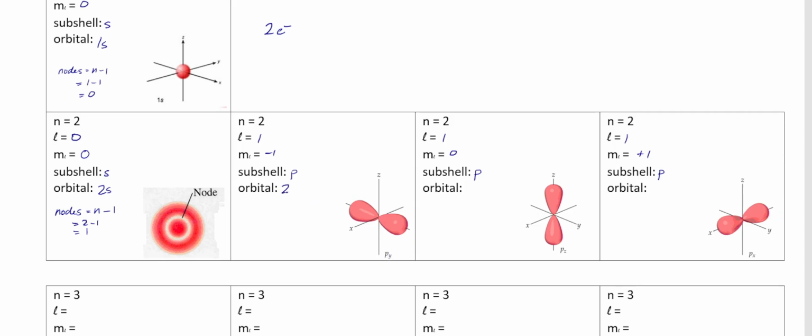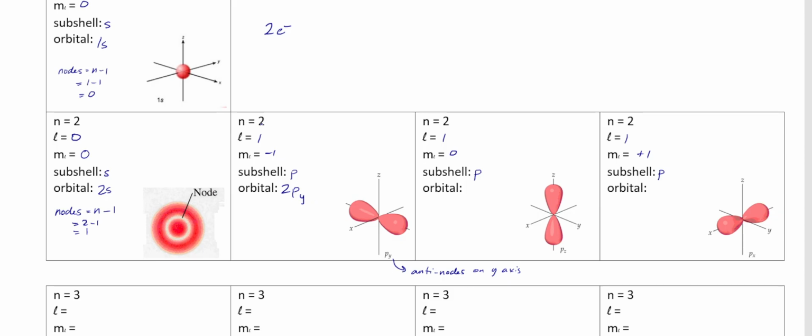So this is 2py. This subscript designation is where the antinodes lie. Antinodes, remember, are the locations of high probability of finding an electron. Antinodes on y-axis. Okay, and so we say 2py, right?